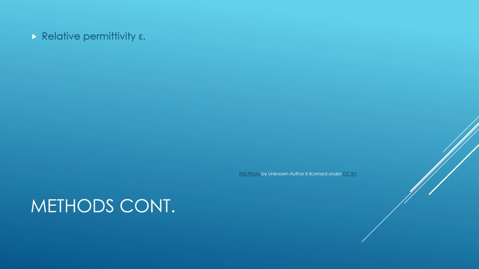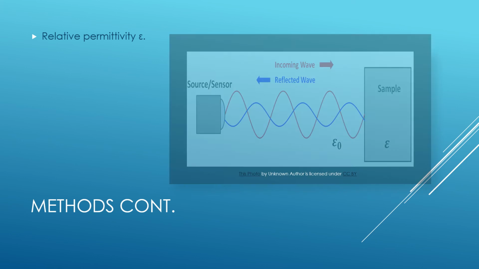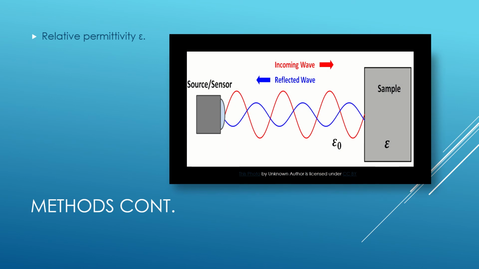Talking a little bit more about relative permittivity, what happens is a source or a sensor releases energy on the electromagnetic spectrum, and this wave comes into contact with a medium or sample.